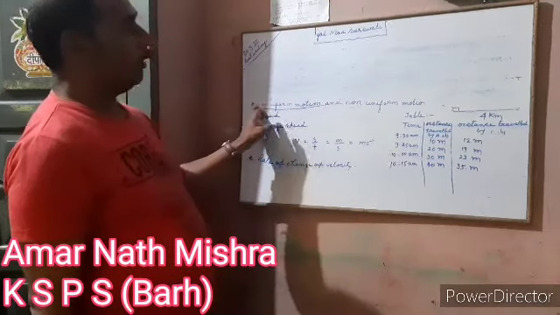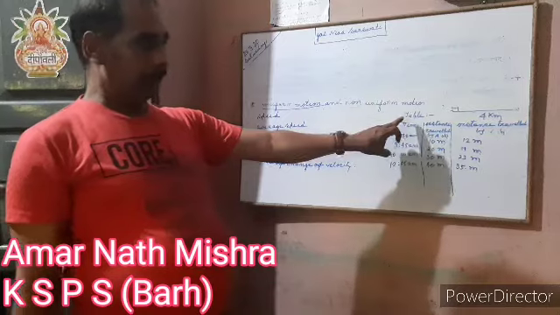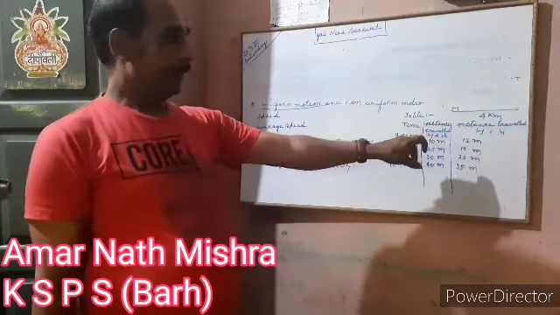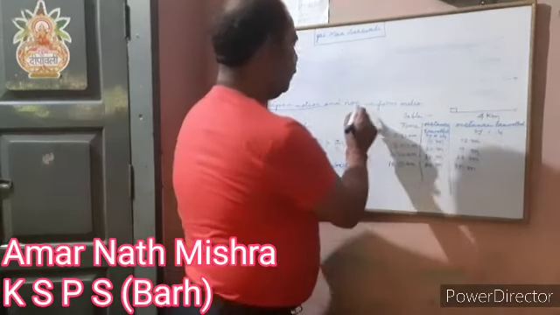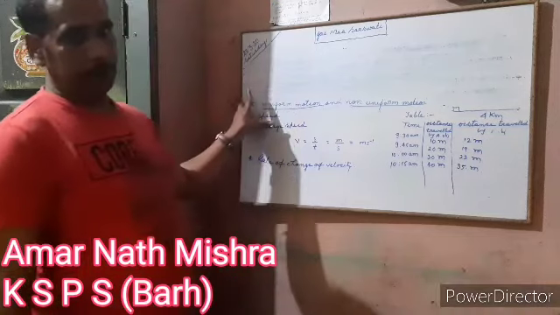The distance covered by an object in unequal intervals of time is called non-uniform motion.